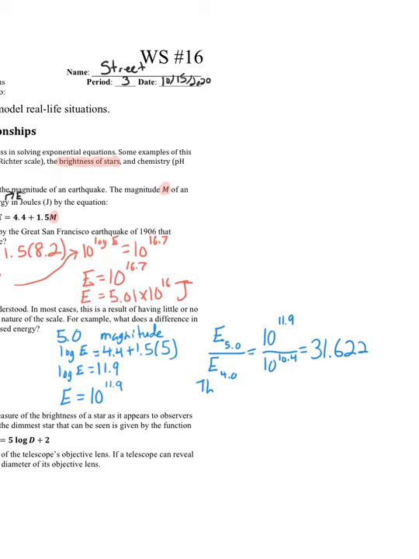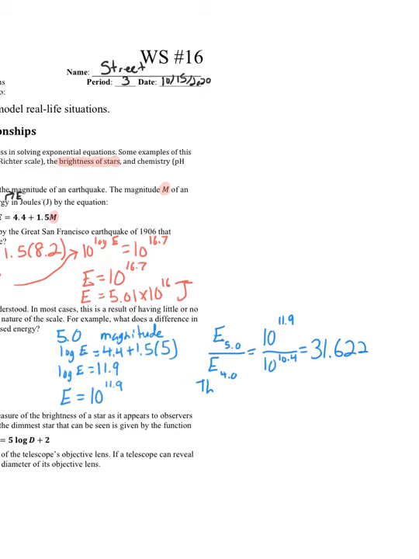By the way, for this problem, this is log base 10 of E. E is standing for energy. It's not log base e. That's a very important thing to notice. If it was log base e, it would be a lowercase e.